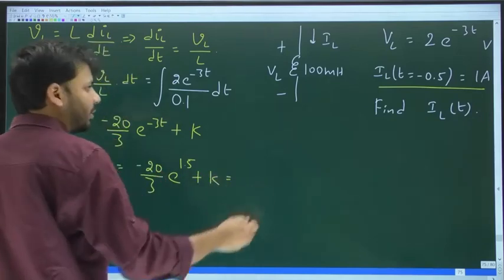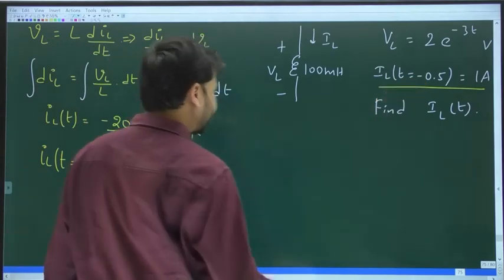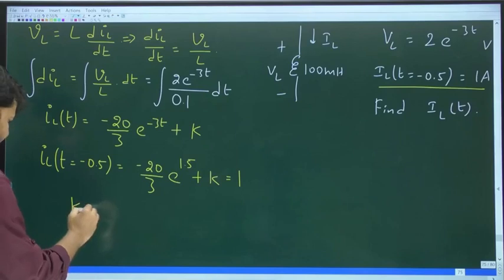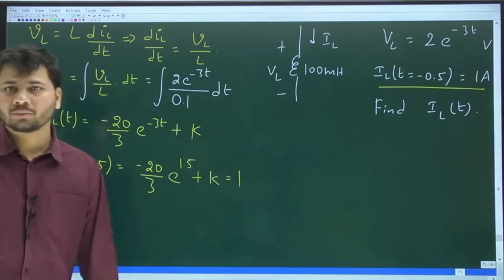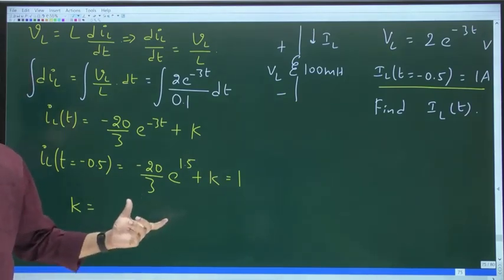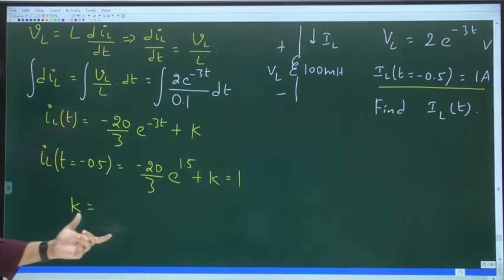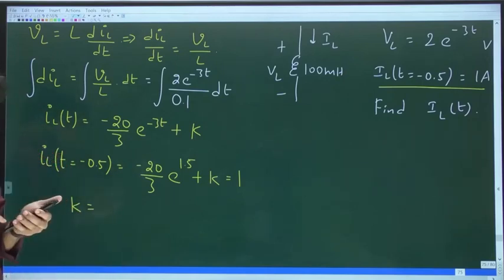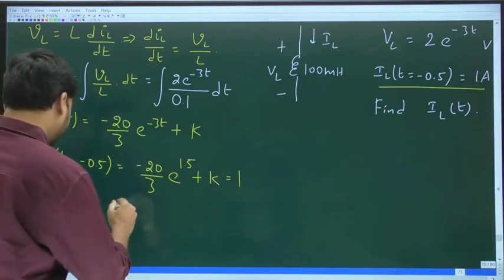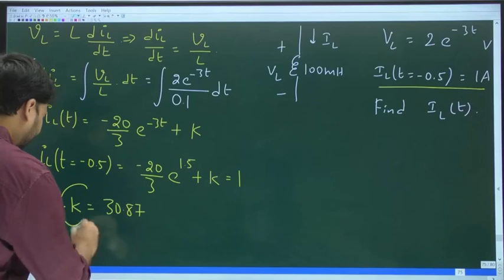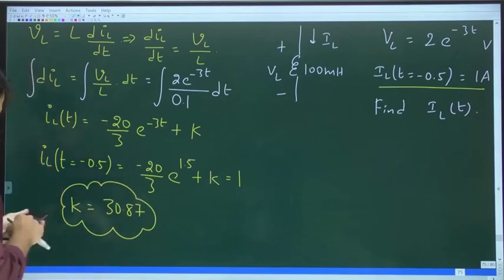The given value of IL at t equal to minus 0.5 is 1. From here, you can get the value of k. I hope you also got the same equation. Can you please tell me the value of k? 30.87. Very good. So the value of k is 30.87. You are done.